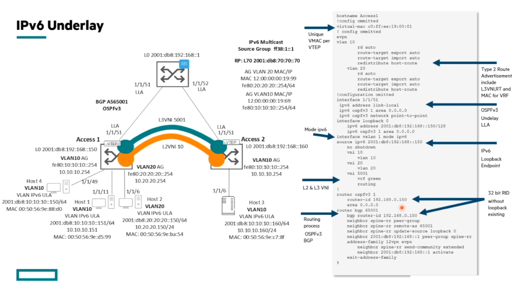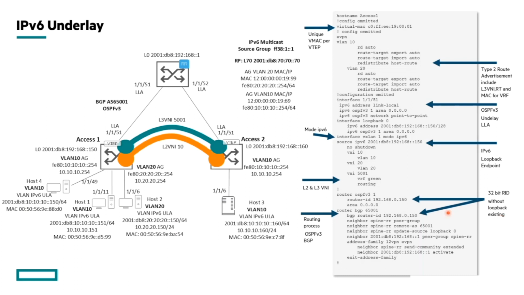We don't have to have that address existing on the switch, so it doesn't have to be a loopback existing on the switch. You can see I've got no loopback. It might be difficult to see, it's a snippet, but I've put it in the commentary that the router ID can exist without having the actual loopback on the switch.